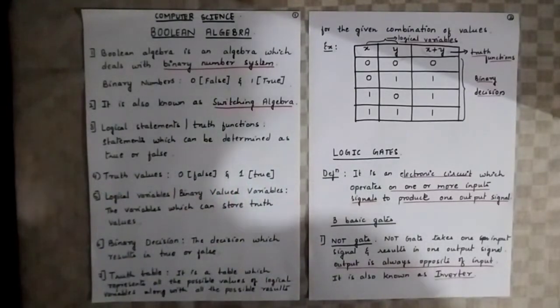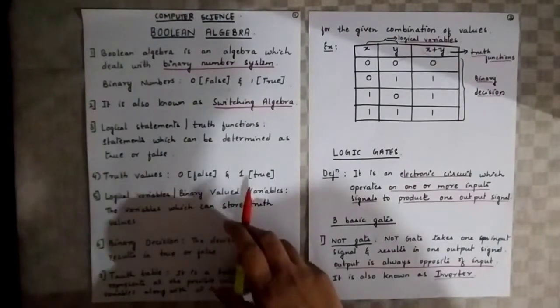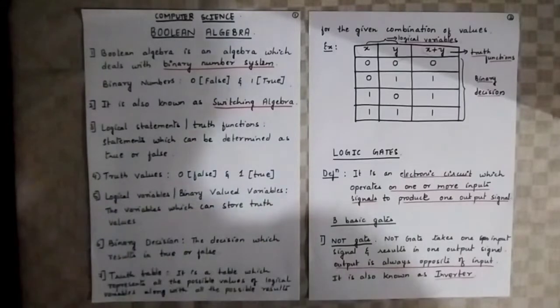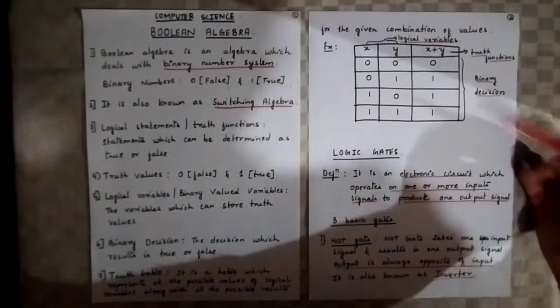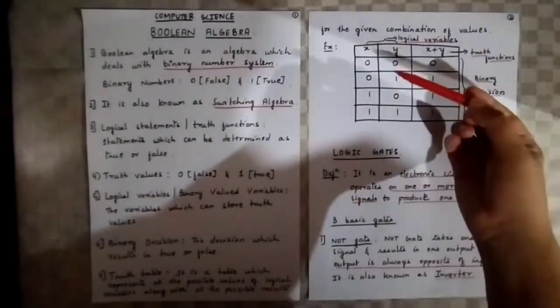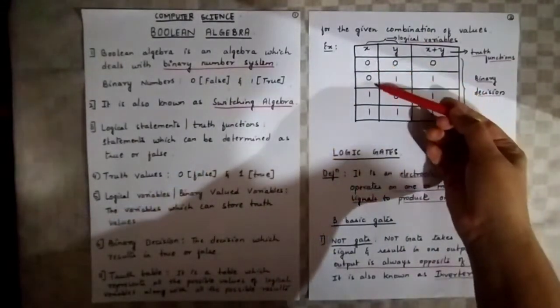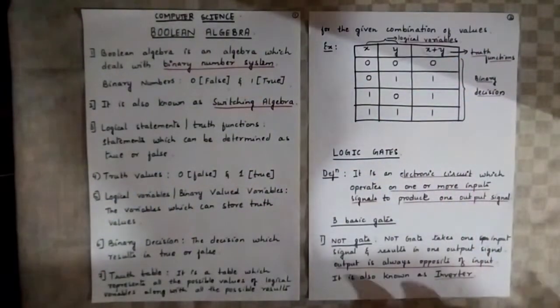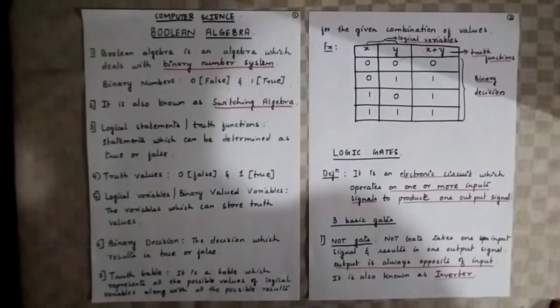The variables which store these values are known as logical variables or binary valued variables. According to this example, the logical variables are x and y. You can see x is holding 0, 0, 1, 1 and y is holding 0, 1, 0, 1, so they hold only these two values. That's why they are termed as logical variables.